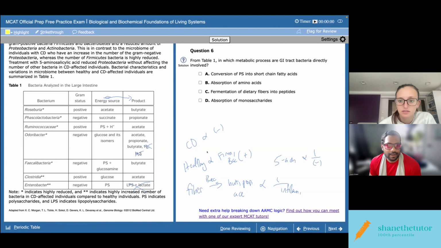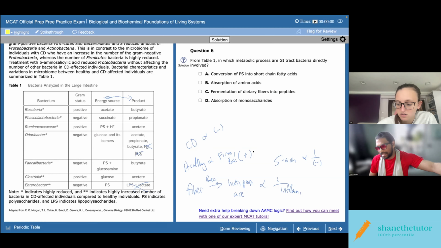So if we look at absorption of monosaccharides, I don't know if that's specifically the bacteria, because the bacteria here is converting energy source to product, right? The absorption of the monosaccharide means the monosaccharide has already been broken down.